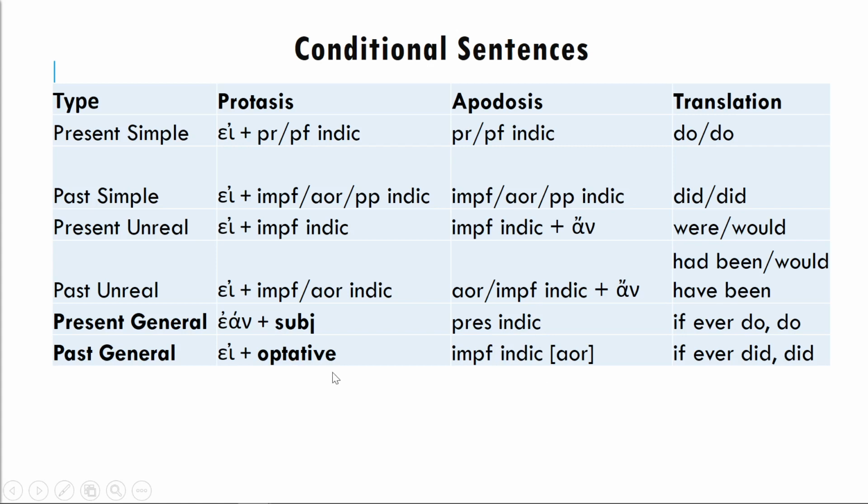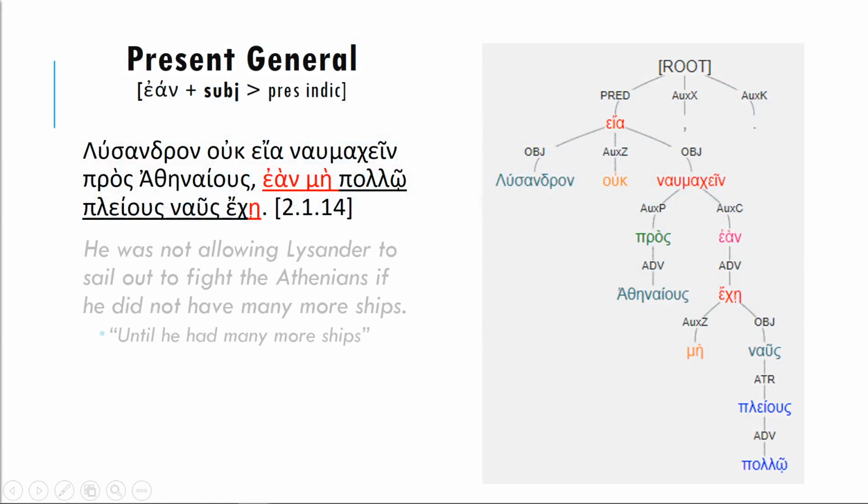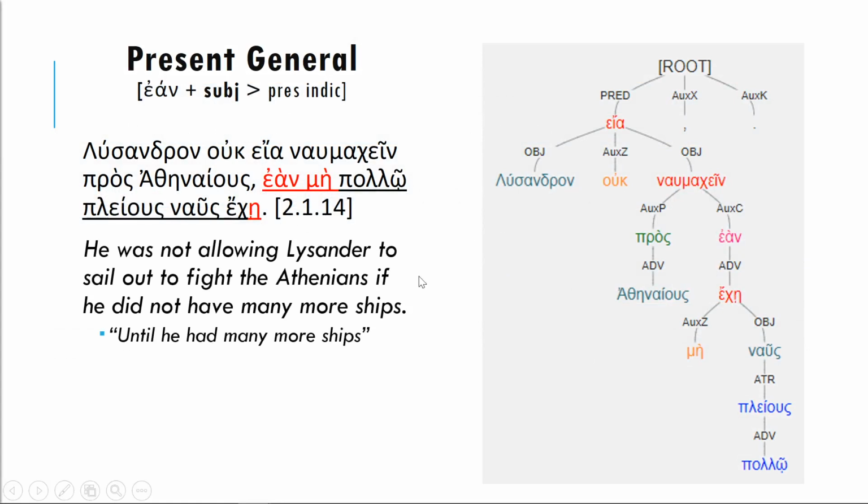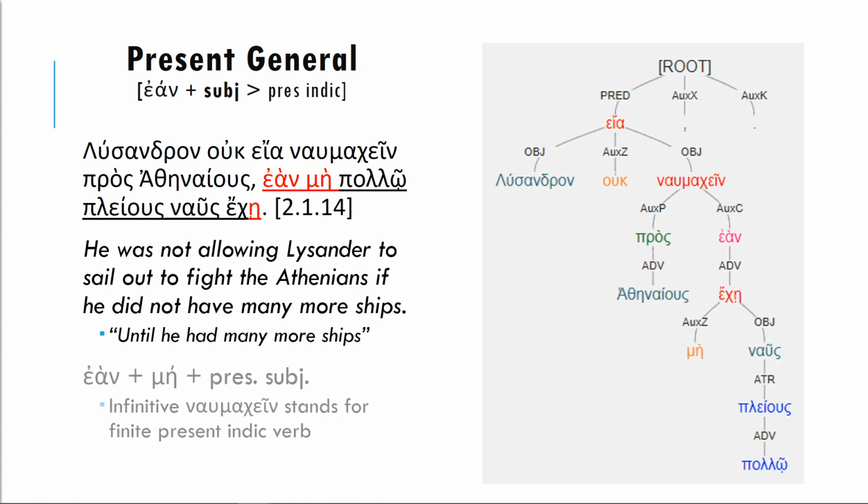Subjunctive with a present tense, optative with a past tense. For example, he was not allowing Lysander to sail out against the Athenians if he did not hold many more ships. So until he had more ships, and whenever that time might be. That gives that sense of indefiniteness to the sentence.